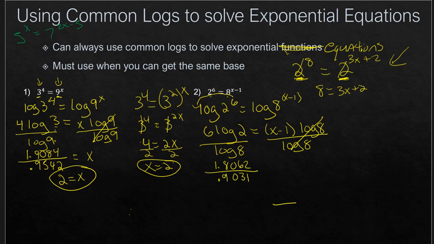And then over here, that's gone. So it's just x minus 1. So when I divide that, I can pretty much estimate it, but I'll just do it for real to make sure. But no, it has to be 2. Yes, I get 2 equals x minus 1. So I add the 1, and I end up getting x is 3.